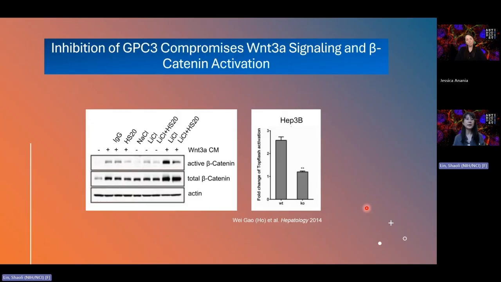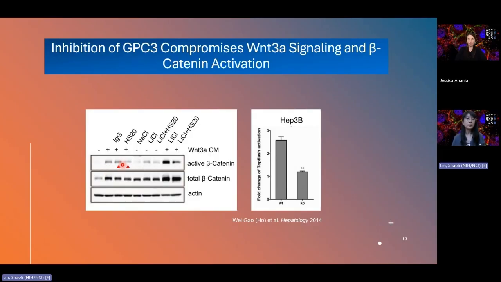After knowing about the complex and the GPC3 dynamics on the cell membrane, we also investigated the downstream signaling in the liver cancer cells. We can see that here, after Wnt3A treatment, we see an increase of the active β-catenin in the liver cancer cells, indicating the activation of this Wnt/β-catenin signaling.